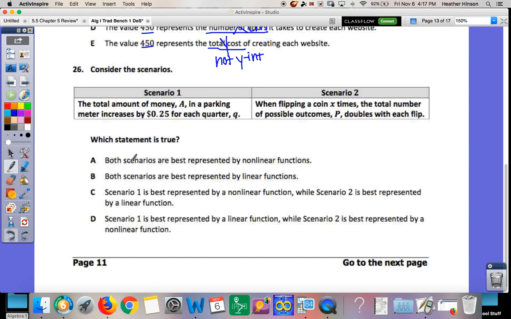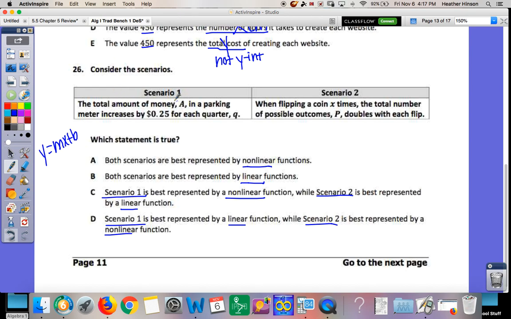So, all we want to know, are both scenarios nonlinear? Are both of them linear? Is scenario 1 nonlinear and scenario 2 linear? Scenario 1 linear, but scenario 2 is nonlinear. Basically, can you make a y equals mx plus b out of it? If you can't, it's not linear.